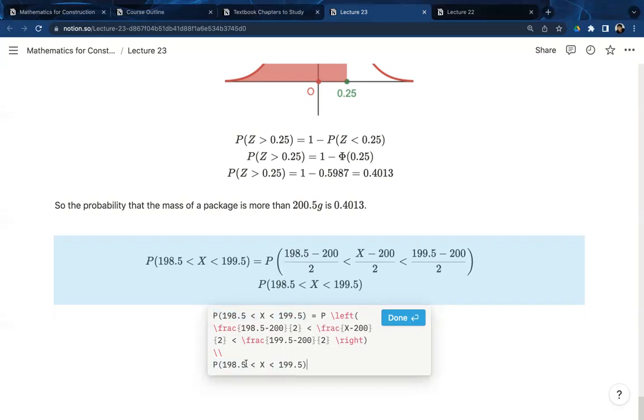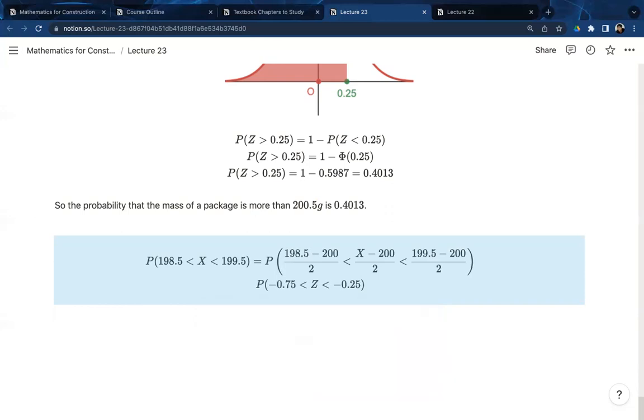This is something interesting. This is Z. 198.5 minus 200 is minus 1.5. And if you divide that by 2, you get minus 0.75 as this part here.